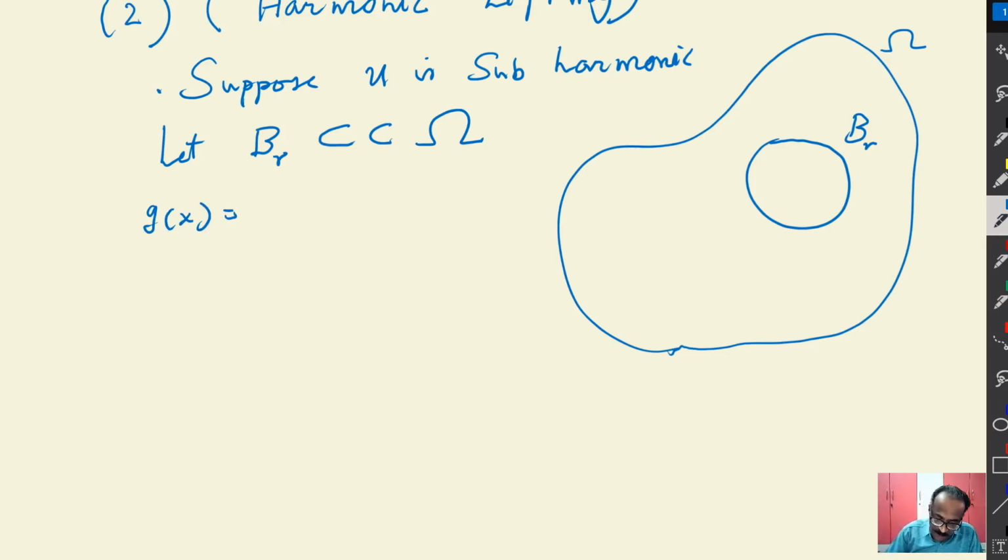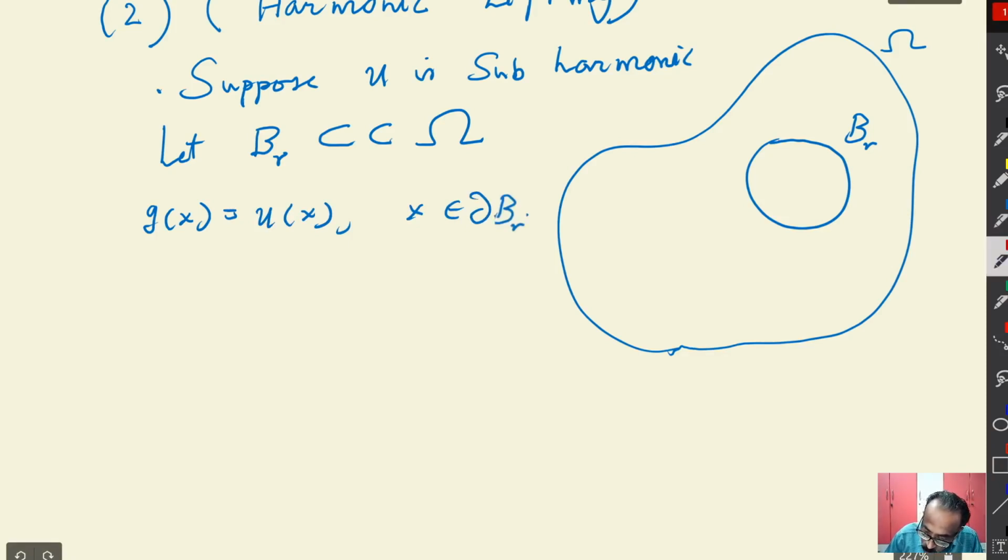So if the boundary value exists, you can define G(x) equal to U(x) for x on the boundary of B_R. So I am restricting my U here, and this is where I define my G.